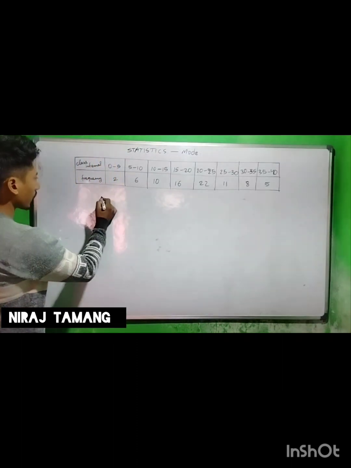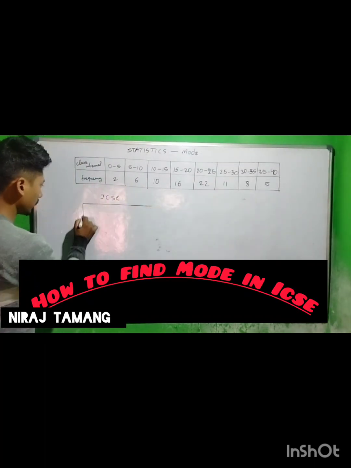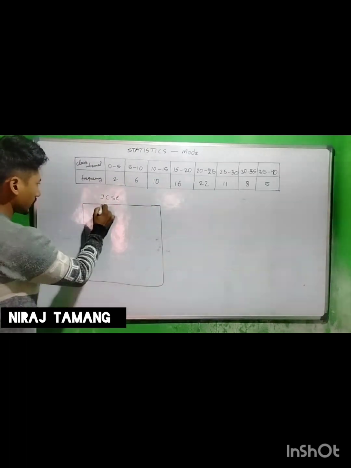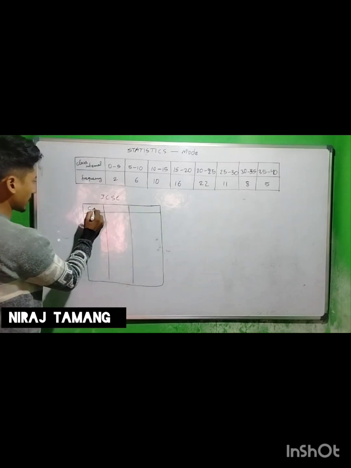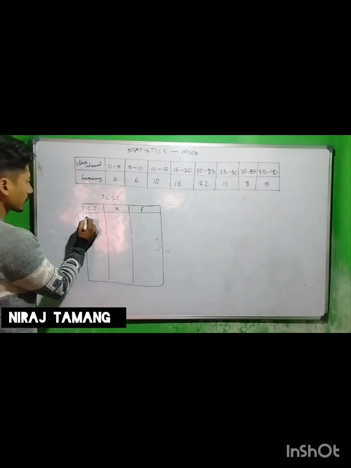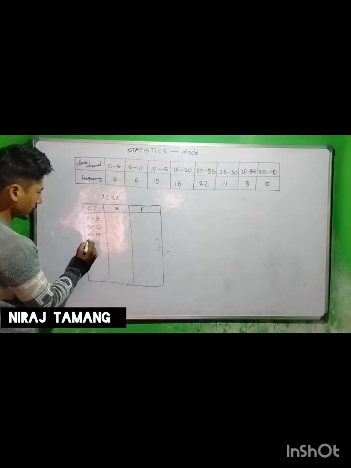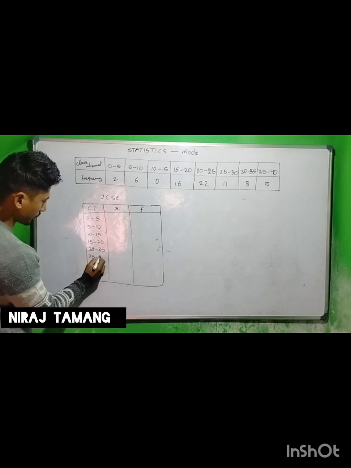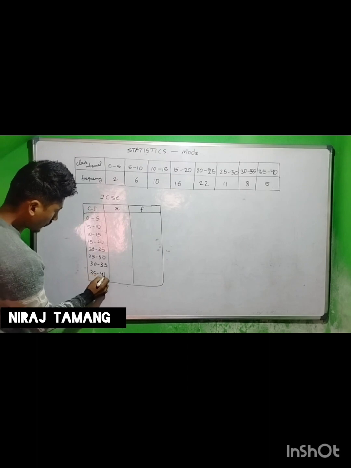Let's start. For ICSE, we have to make a table of 3 columns: this is our class interval, this is the value of x, and this is the frequency. The class intervals are 0 to 5, 5 to 10, 10 to 15, 15 to 20, 20 to 25, 25 to 30, 30 to 35, and the last one 35 to 40.